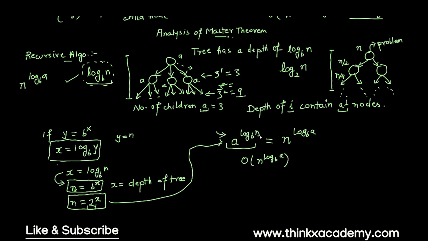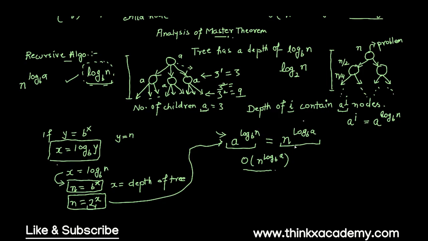A raised to the power log base b n basically represents a raised to the power i nodes, and I is the depth, so simply i is log base b n. This can also be written as n raised to the power log base b a. At any particular depth, I have a raised to the power i nodes, so this will be the runtime of the whole recursive algorithm.